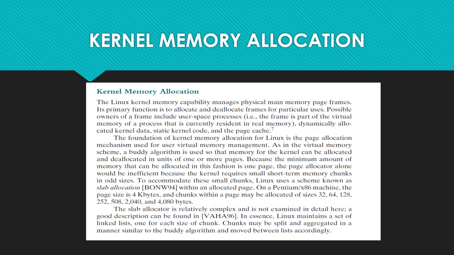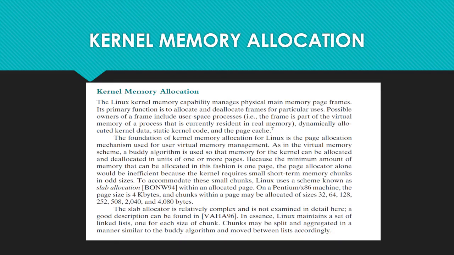On a Pentium x86 machine, maybe it's the Intel processor which they meant to say, the page size is 4 kilobytes and the chunks within a page may be allocated of sizes 32, 64, 128, 252, 508, 2040 and 4080 bytes. So as the size increases, the performance may also increase.